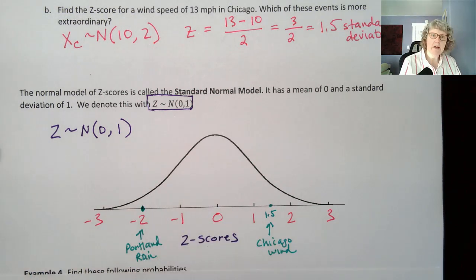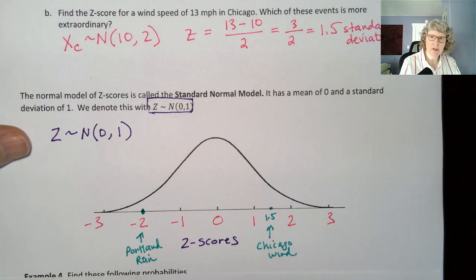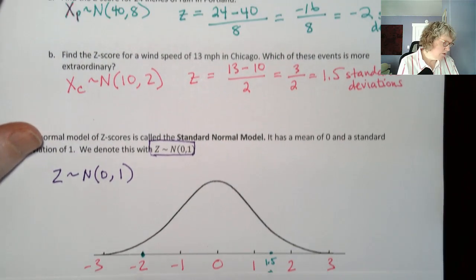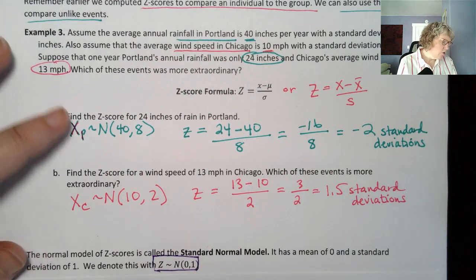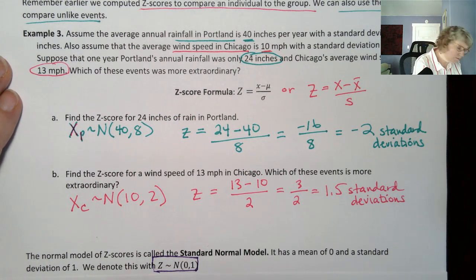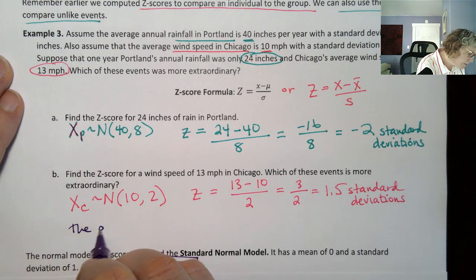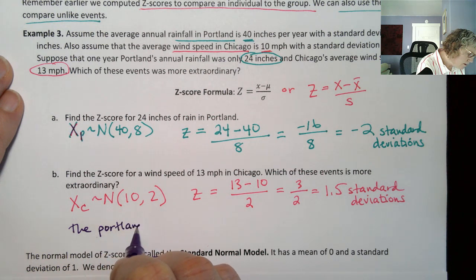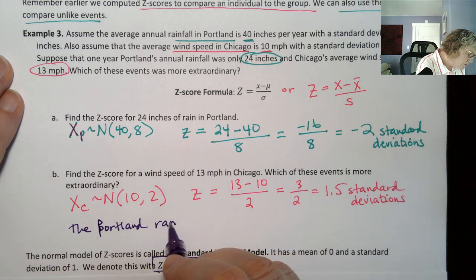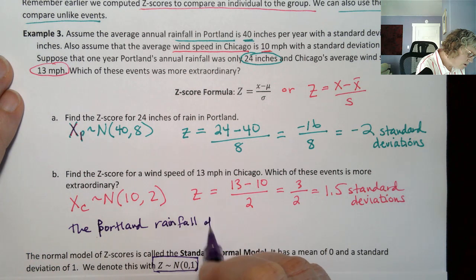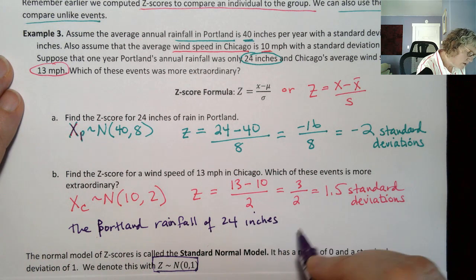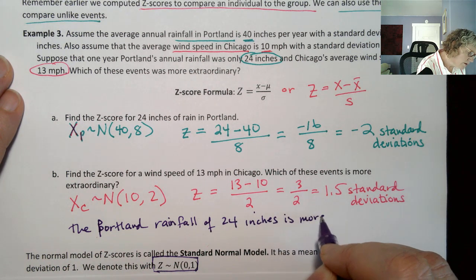Okay, so I'm going to go back up and write our answer to that one. Between these two events, the Portland rainfall of 24 inches is more extraordinary.